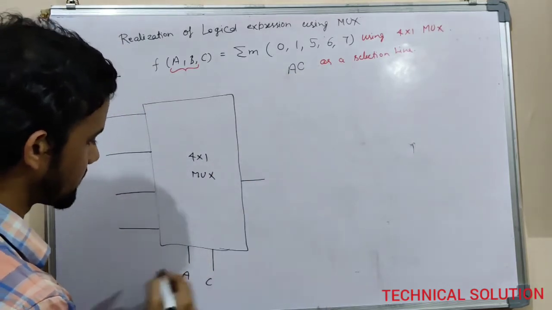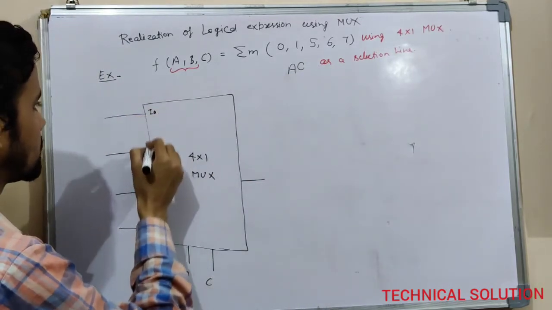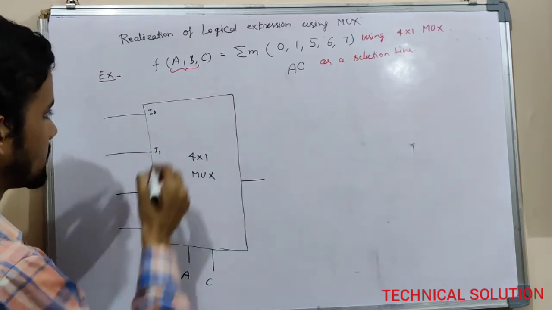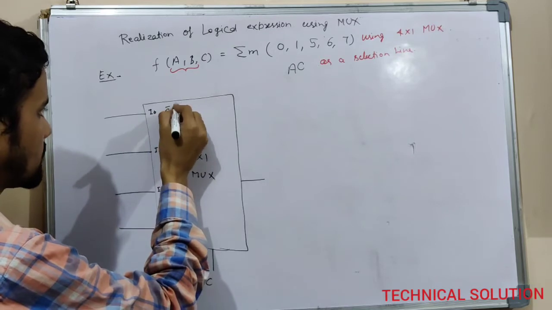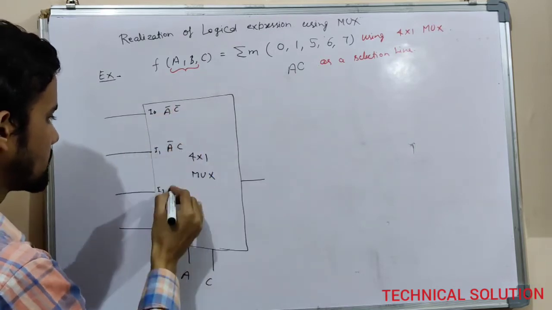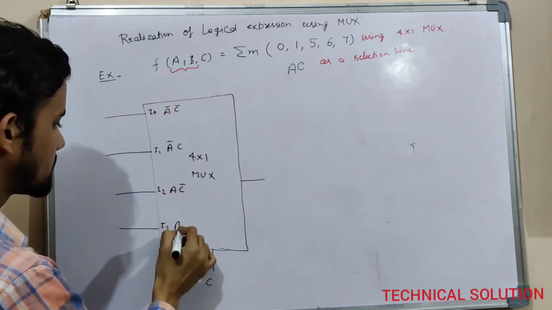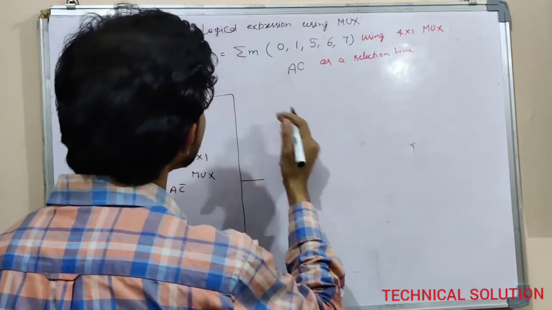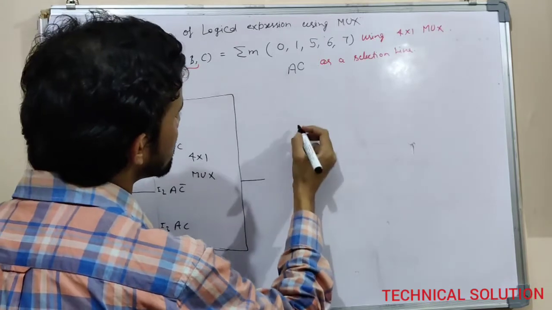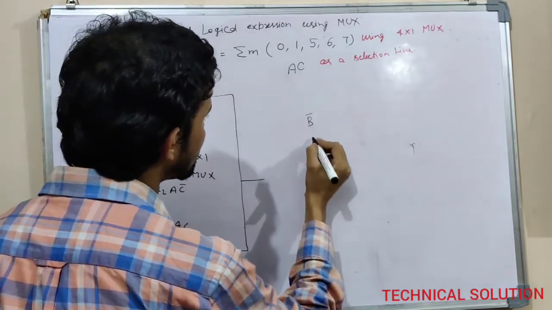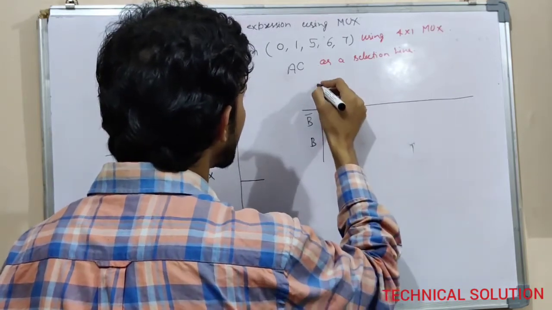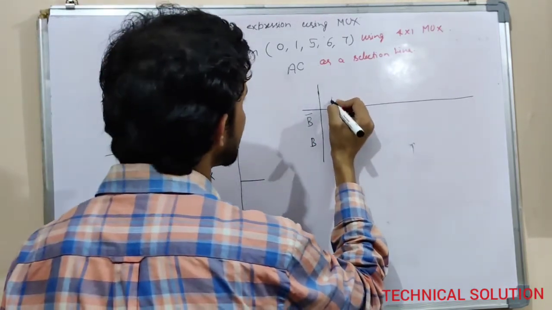Now AC as a selection line. This is I0, I1, I2, and I3. This I0 corresponds to A bar C bar, this is A bar C, this is A C bar, and this is AC. In this B is missing, so B bar and B are the inputs, and here AC is the selection line.